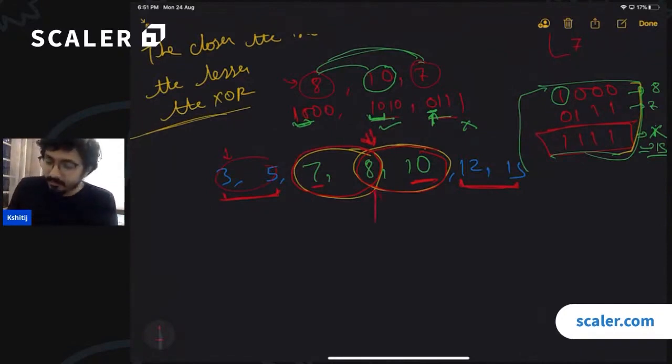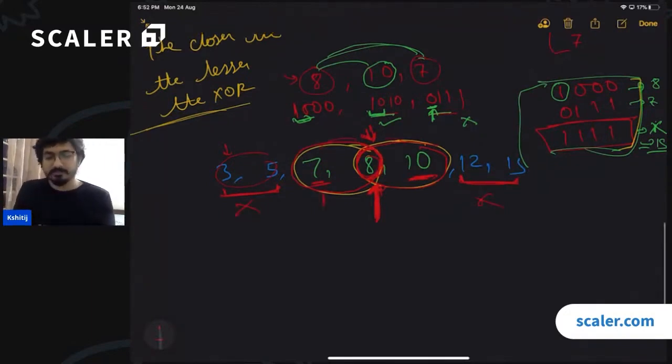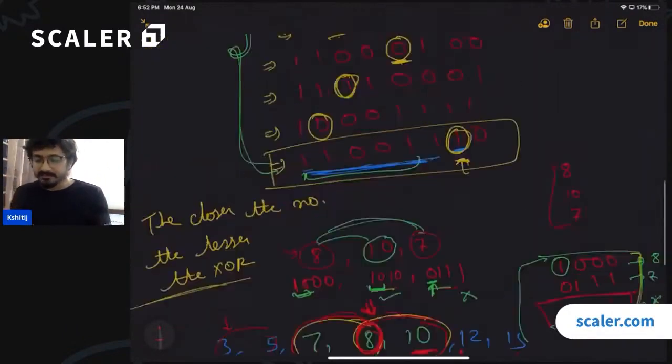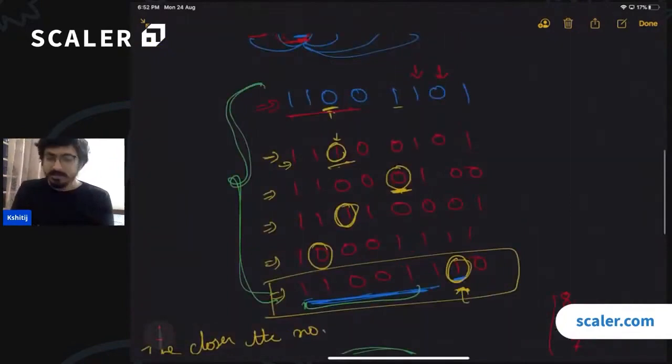Because the minimum XOR involving 8 is going to come either from 7 or from 10. It will not come from these numbers. Why? Because these two are the closest to 8. This one is the closest on the left hand side, this one is the closest on the right hand side. And we have seen that to get the minimum XOR, we want all the digits on the left hand side similar to the given number, right?